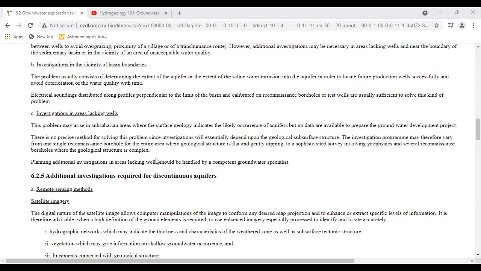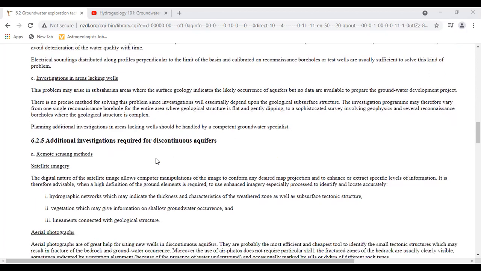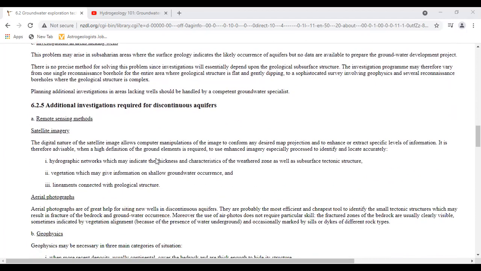The investigation program may therefore vary from one single reconnaissance borehole for the entire area where the geological structure is flat and gently dipping, to a sophisticated survey involving geophysics and several reconnaissance boreholes where the geological structure is complex.